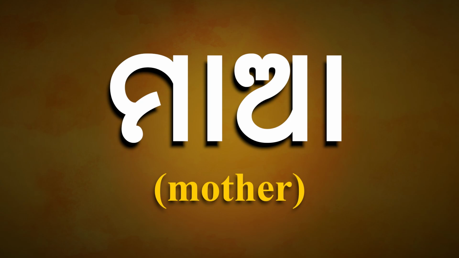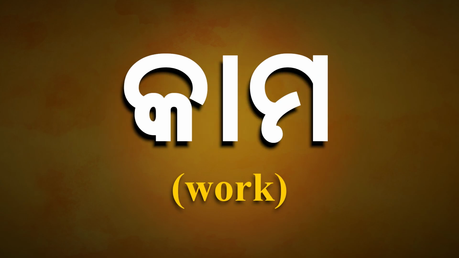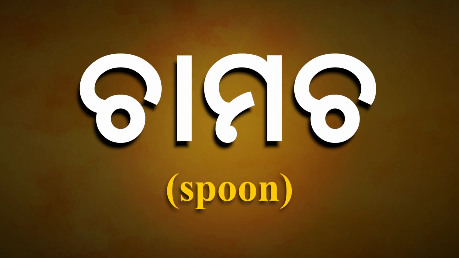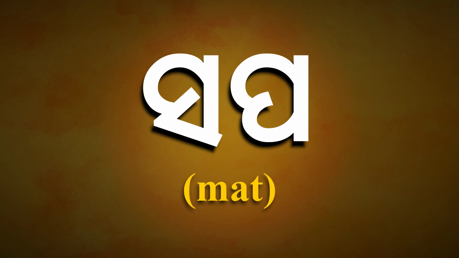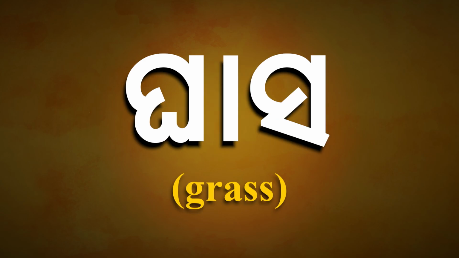Now we will try to write some words using these previously learned alphabets and secondary symbols. Ma refers to mother. Kamma means work. Chammacha refers to spoon. Sappa means mat. Ghasa refers to grass.